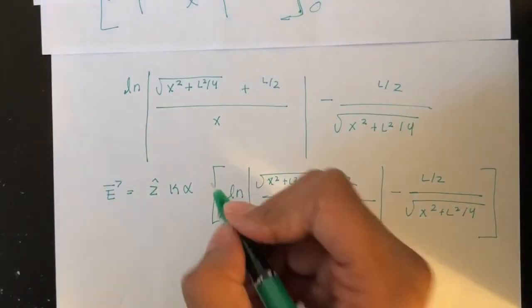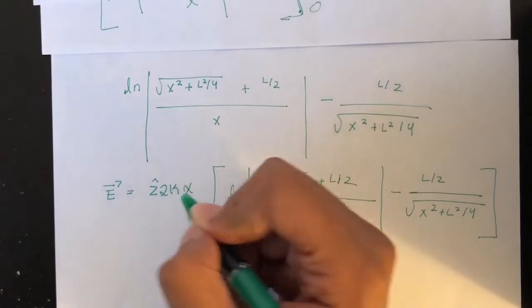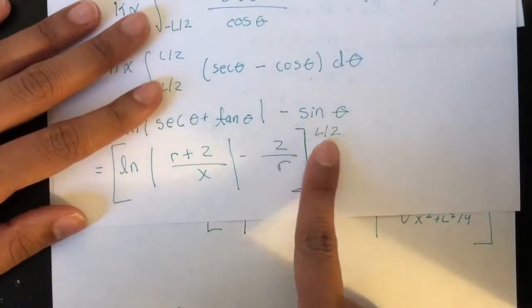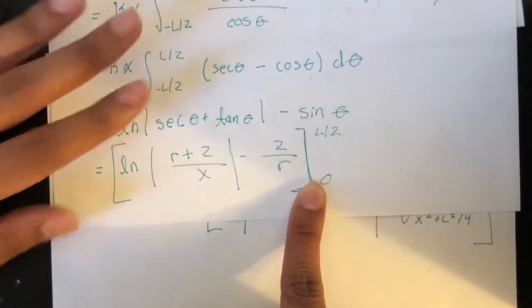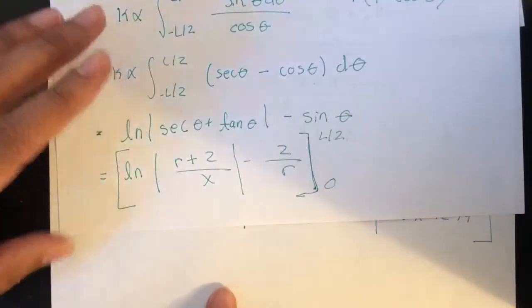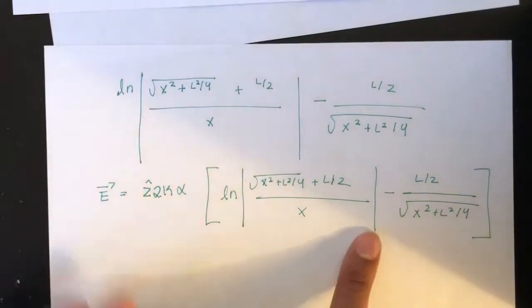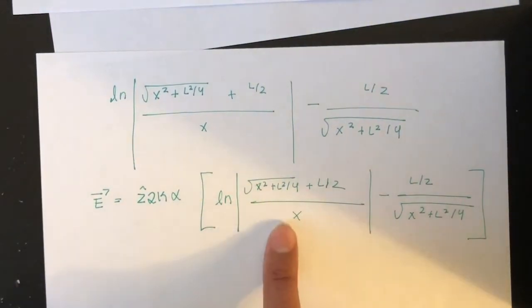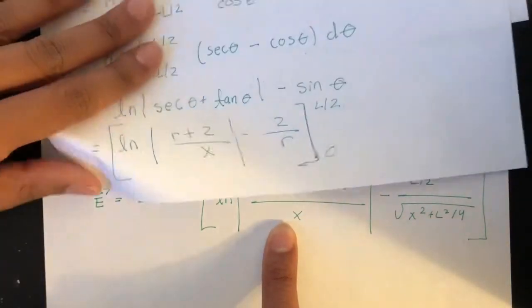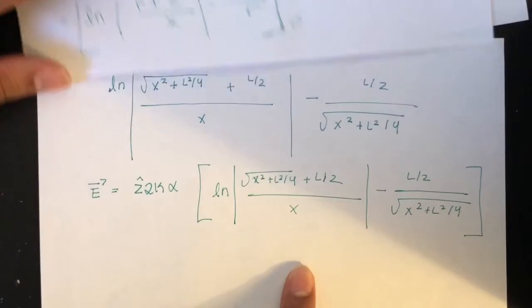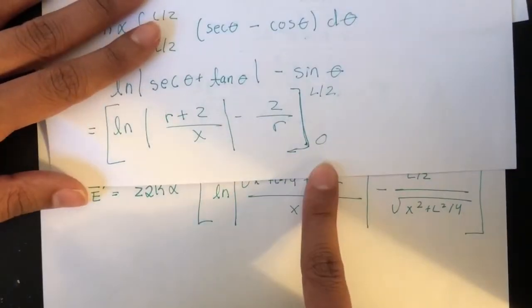And then 2, because we only integrated from L over 2 to 0. We only did half, so another half would be the same, just adding it, so it would just be 2. We would get the same answer if we did it from L over 2 to 0, or from L over 2 to negative L over 2.